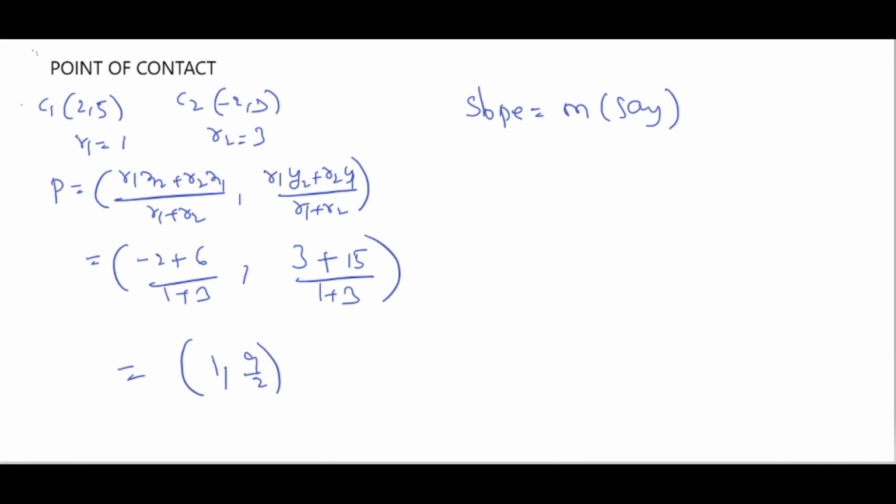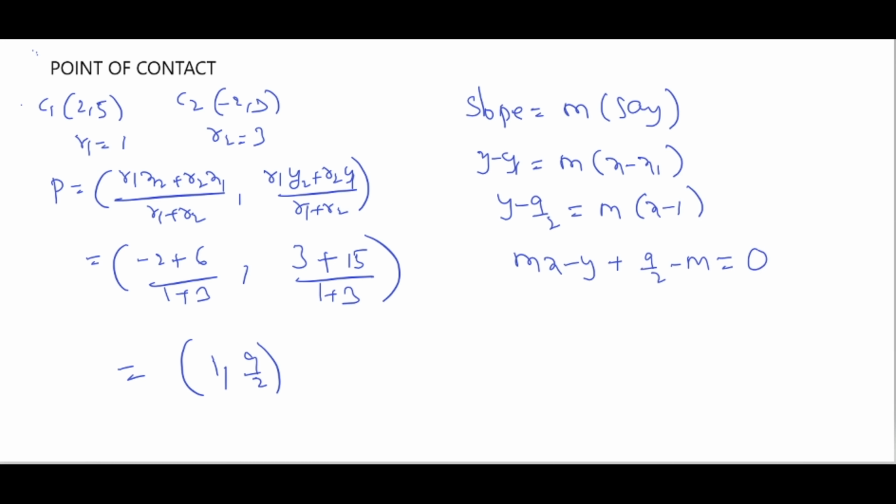Therefore the equation of the transverse common tangent is y − y1 = m(x − x1), that is y − 9/2 = m(x − 1), which gives mx − y + 9/2 − m = 0. This is the common tangent to both circles.